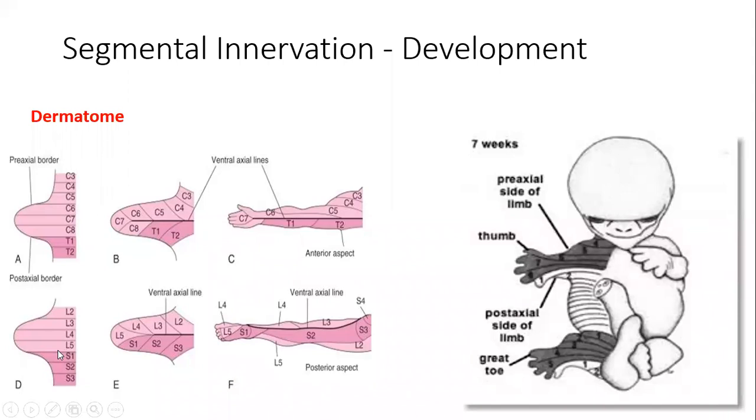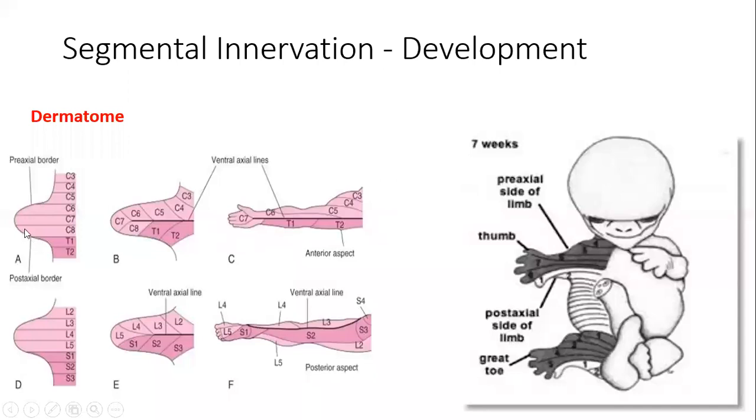Similar is the case with the lower limb bud. This is why the thumb and the great toe in the upper limb and lower limb are formed on the preaxial border, which is also called the cranial border, which is also going to be labeled later as the lateral border. This is why thumb and big toe are located laterally.